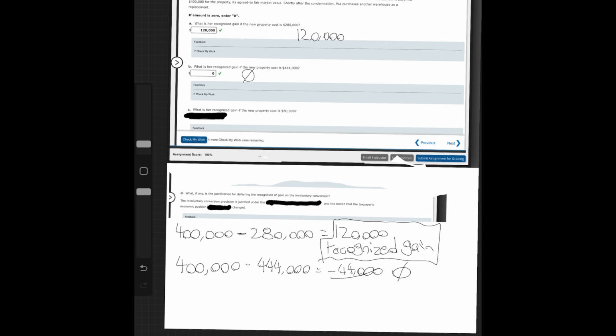What is the recognized gain if the new property cost is 80,000? Okay, same thing.